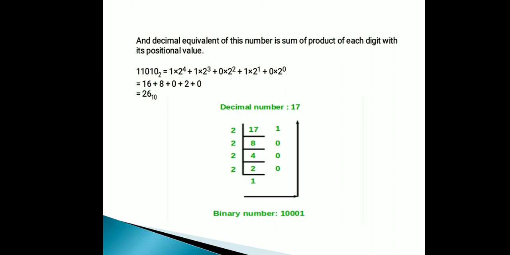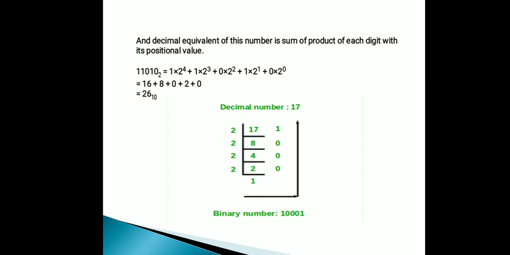Divide the given number by the base 2, because you are converting to a binary number, and note down the remainder, which will be either 0 or 1. Again divide the quotient obtained in the first division by 2 and note down the remainder. Repeat the same steps till the quotient becomes 0. Understood?